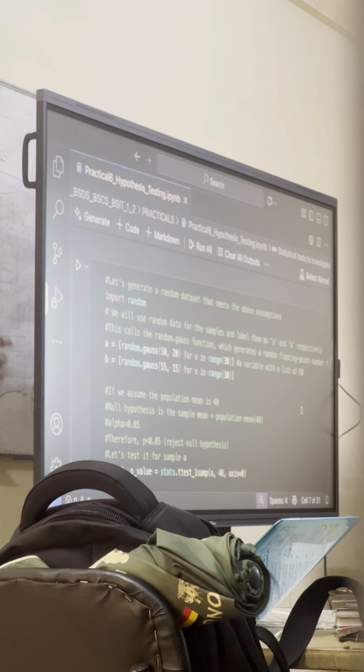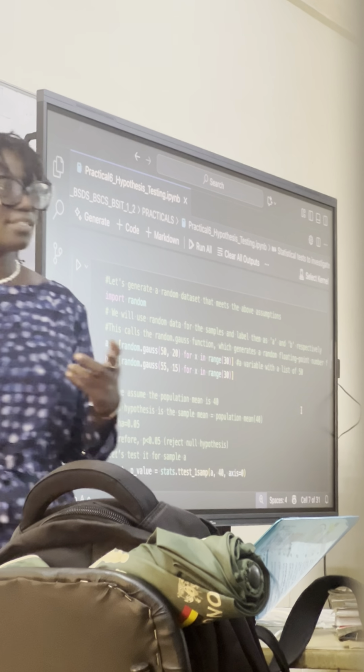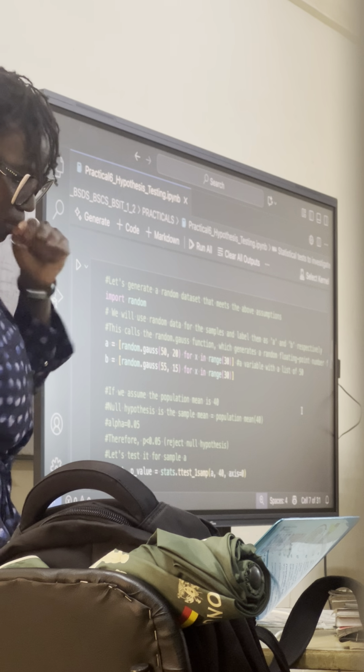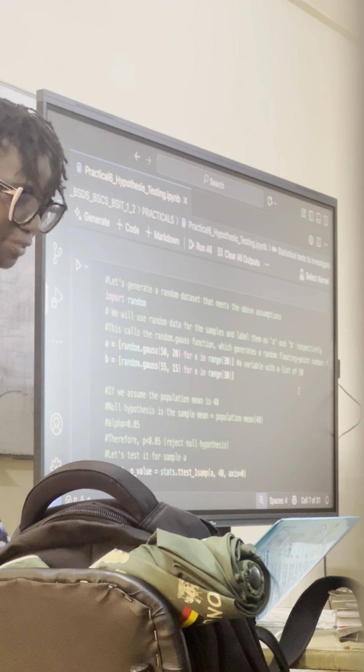And here we want to use random data and make it fit the assumptions of a t-test. Firstly, the t-test wants that data to be normally distributed. Okay? And then also stick within those numbers as stated. So we're having 2 samples here.